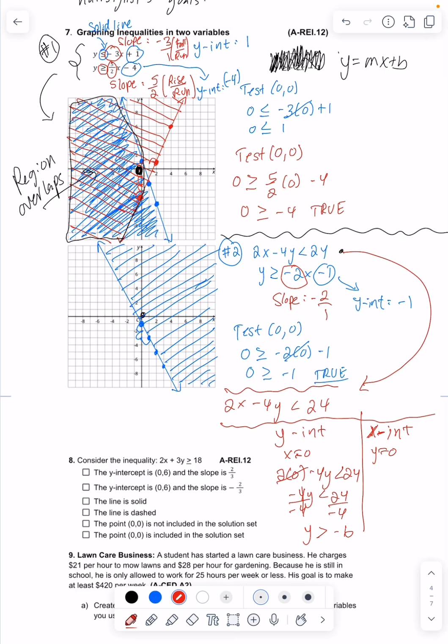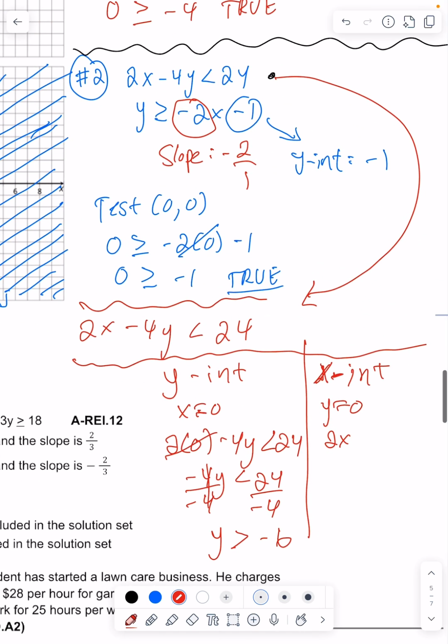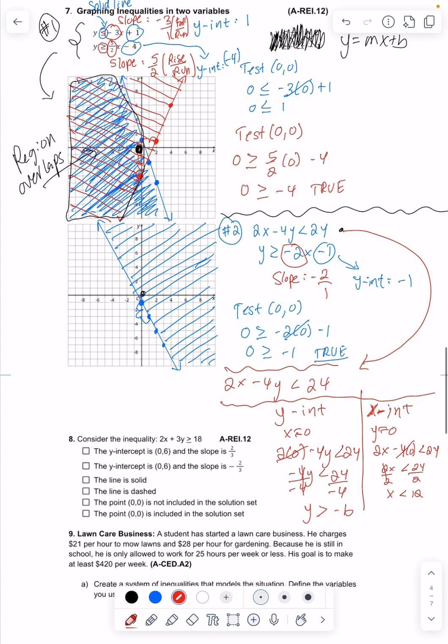Now for the second one, we substitute y with 0. So we get 2x minus 4 times 0 is less than 24. This cancels out. We get x is less than 24 divided by 2. In this case, x is less than 12. So now we have our x and y intercepts.